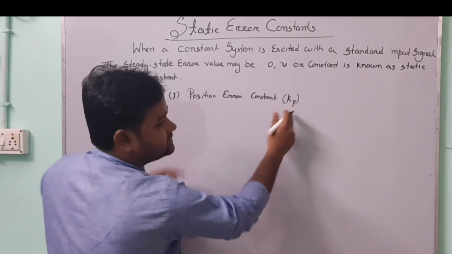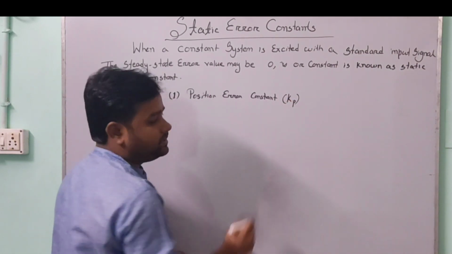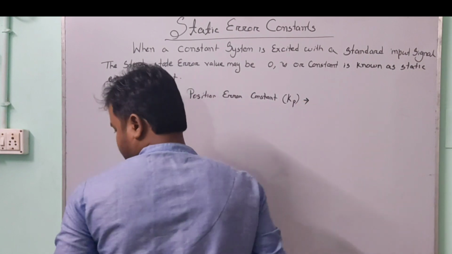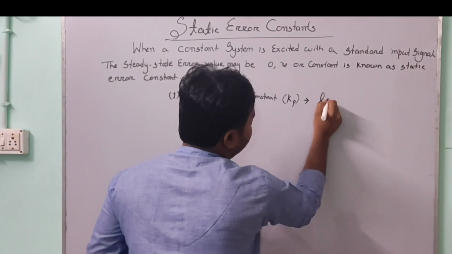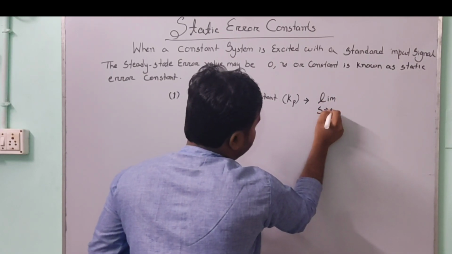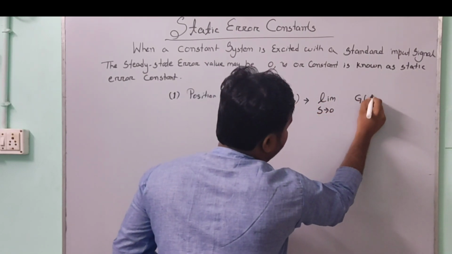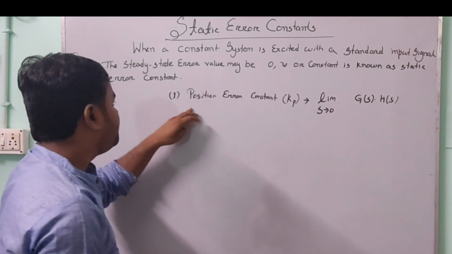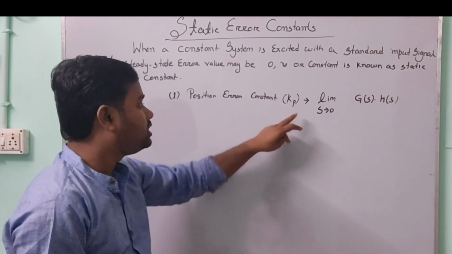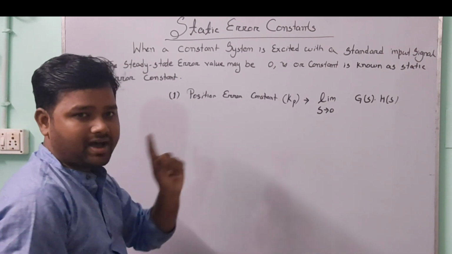From the position, P is here, so its value is Kp, and it has a formula, and the formula is limit s tends to 0 g of s into h of s. This is the basic formula for position error constant, and it is denoted by Kp. This is the first error constant.